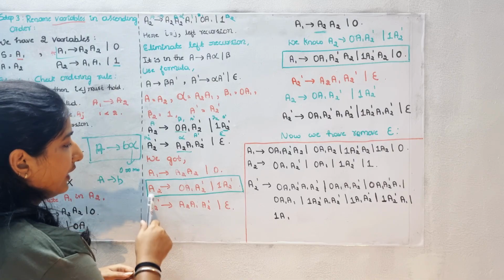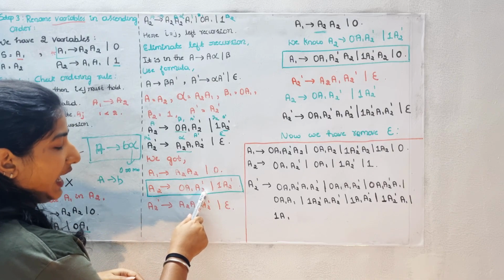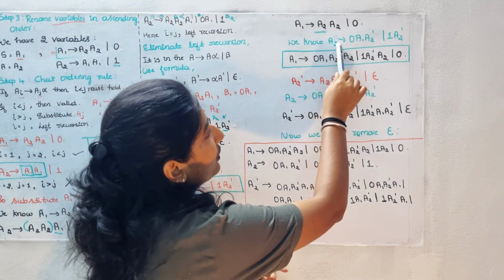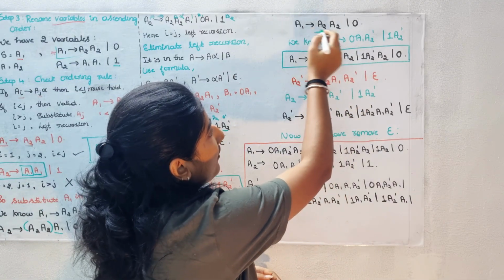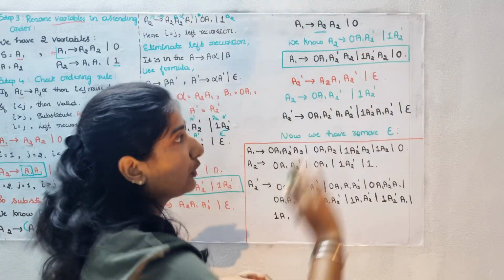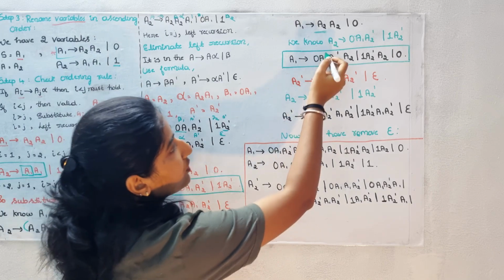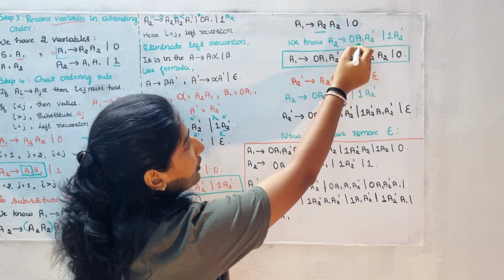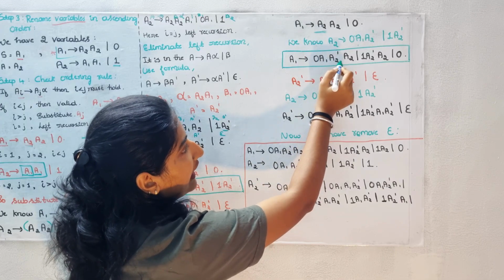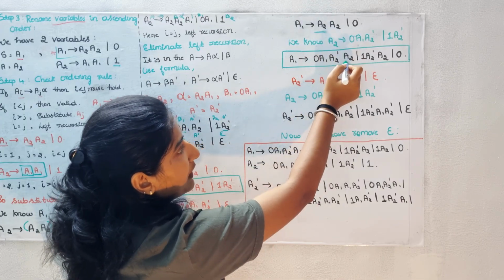So we know A2 derives 0 A1 A2 dash or 1 A2 dash. So substitute the value of A2. So A1 derives A2 A2 or 0, right? 0, keep it as it is. No need to do anything. So in the place of A2, I am substituting this one. So A1 derives 0 A1 A2 dash and A2 means A2.